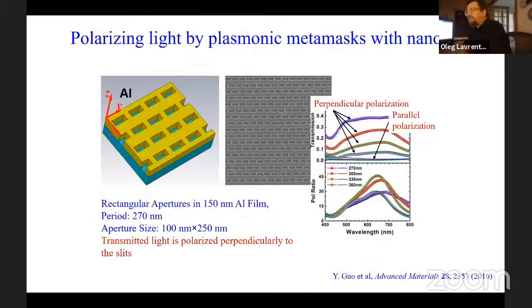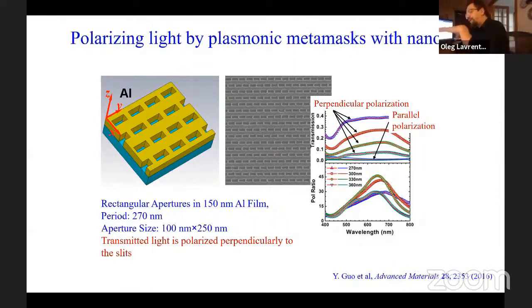One can use the recently developed technique of photo alignment to produce a uniform alignment of these azo dye molecules by using a polarizer that represents a metallic film with nanoslits.